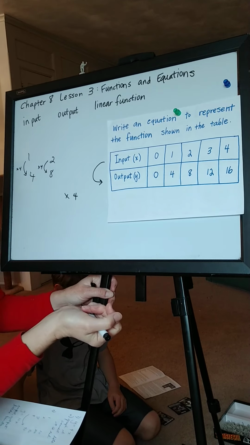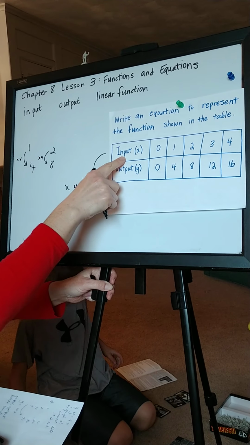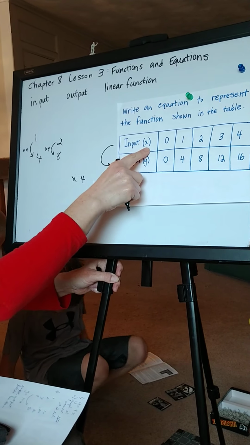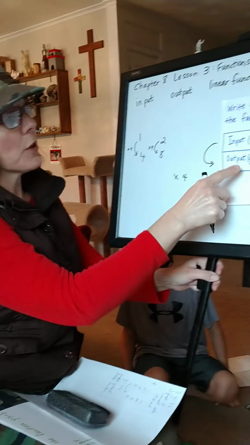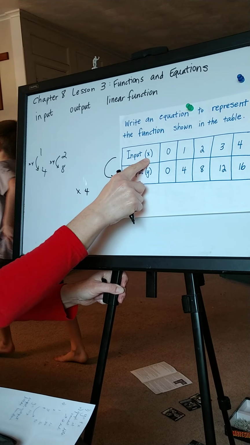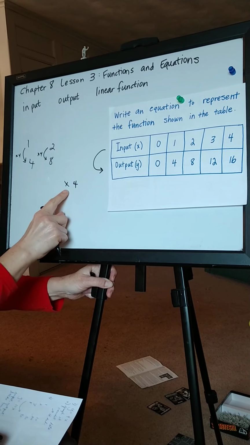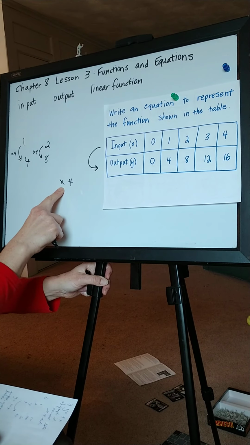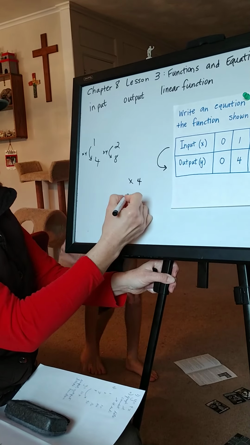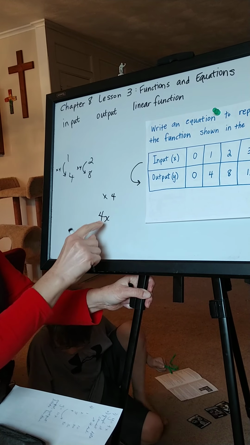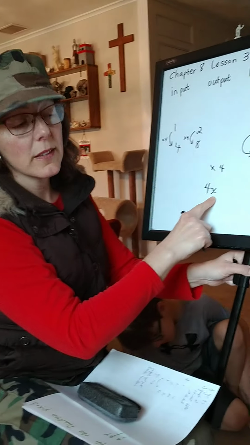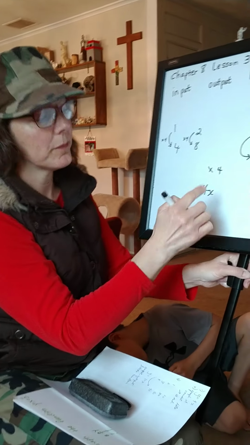Well, what are we multiplying by 4? The input. That means actually x. Those values represent x. So we're going to take x and multiply it by 4. Well, remember, we don't use x for the multiply sign anymore. So to show that, if we write this, this means that we're taking x and multiplying it by 4.